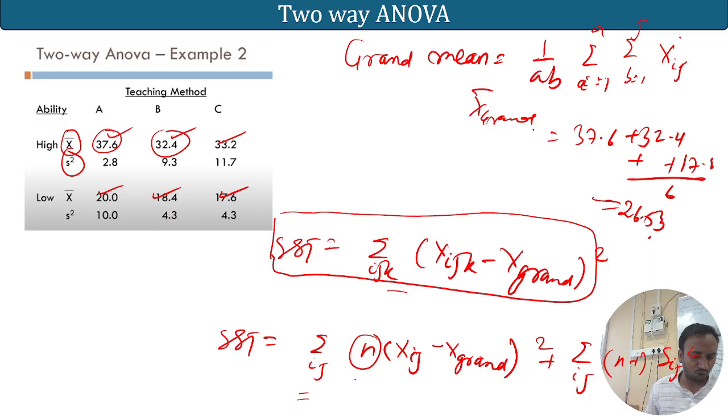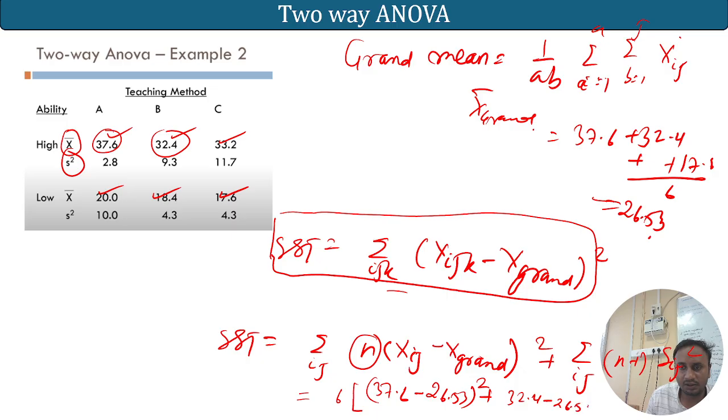The total we have is 6 now. 37.6 minus 26.3 whole square. 32.4 minus 26.53 whole square. Summation till 17.6 minus 26.53 whole square. We'll take one or two pages.